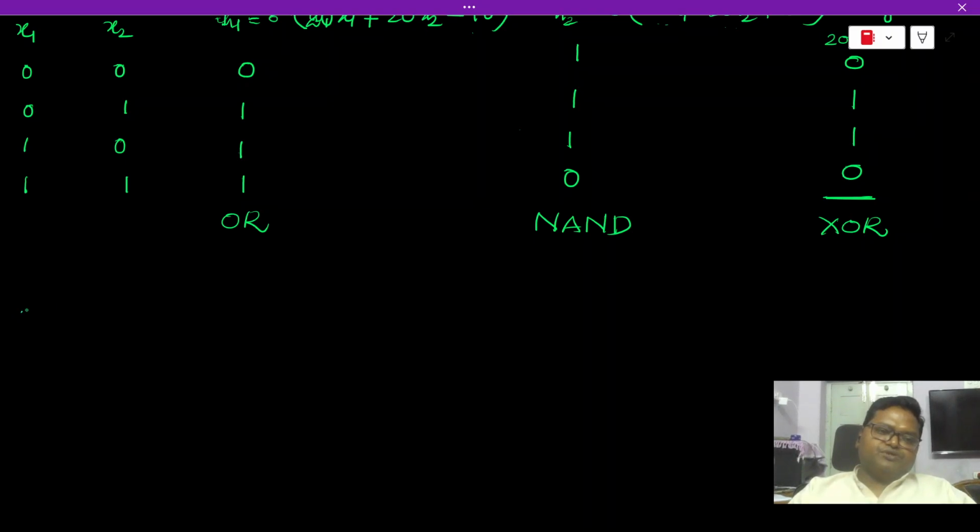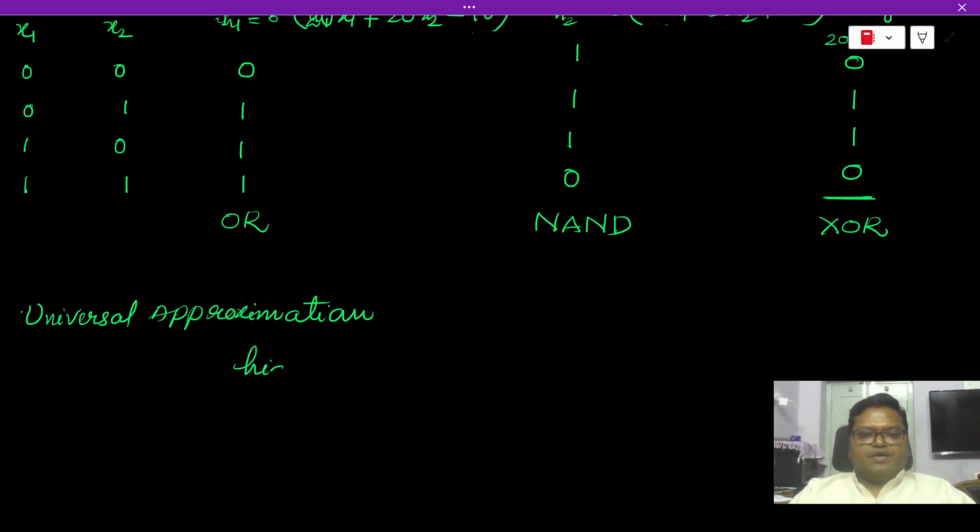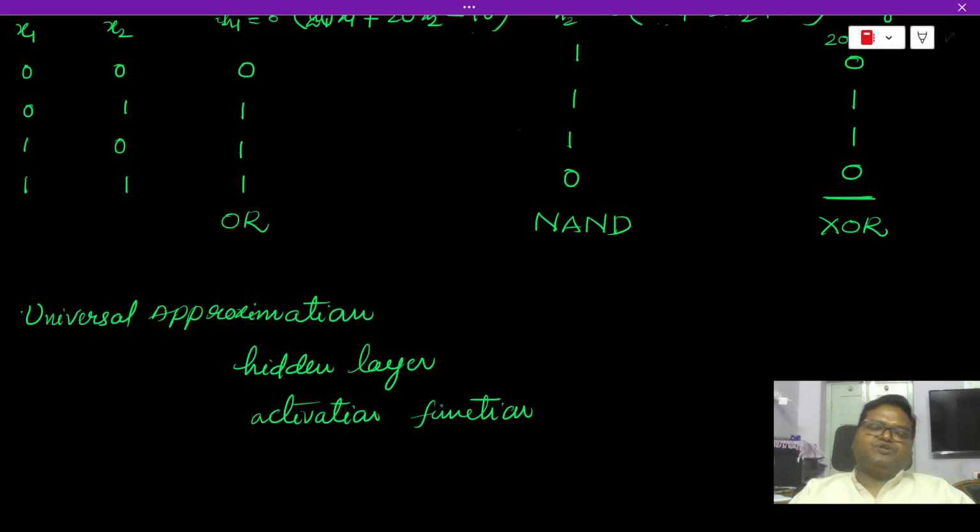Here you can remember the universal approximation theorem, which says that if you have at least one hidden layer and an activation function like sigmoid or ReLU, then you can approximate any function to the desired accuracy.